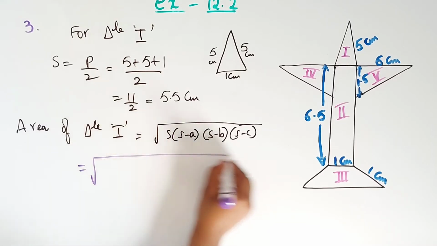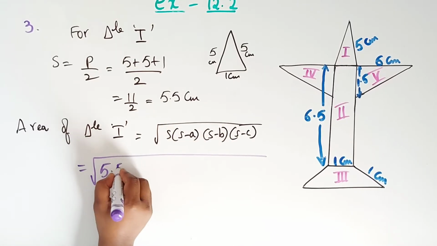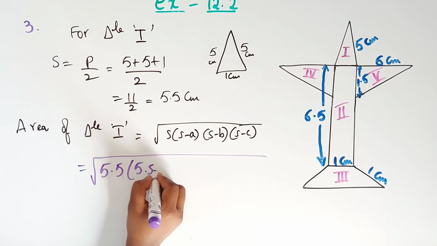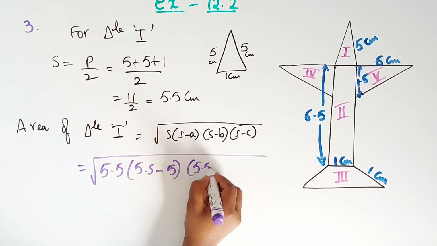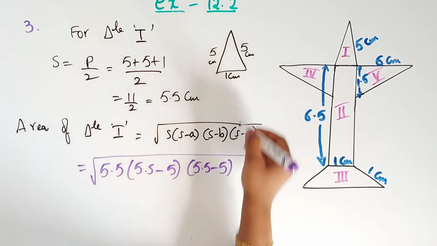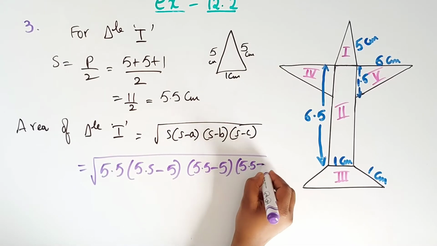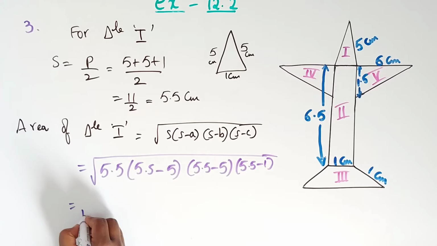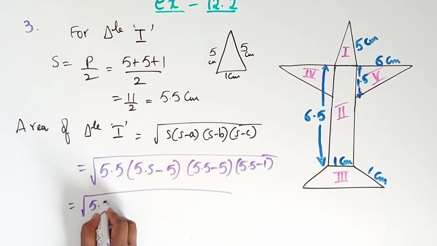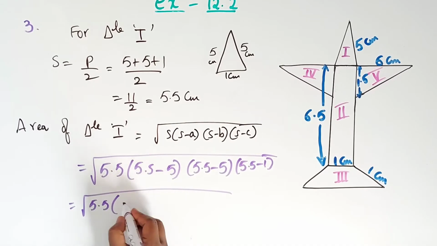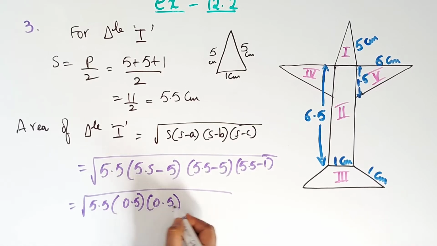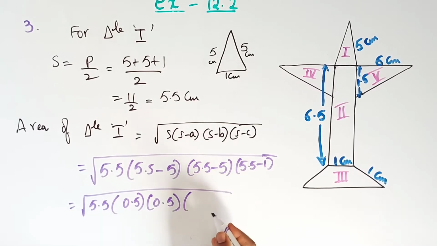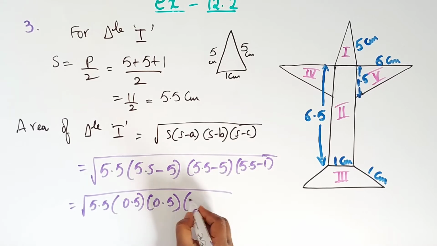So that equal to root of 5.5 into 5.5 minus 5. Again 5.5 minus 5. Now 5.5 minus 1, children. Now this equal to root of 5.5, 5.5 minus 5, children, that is 0.5. Here also 0.5. And here 5.5 minus 1 is 4.5.